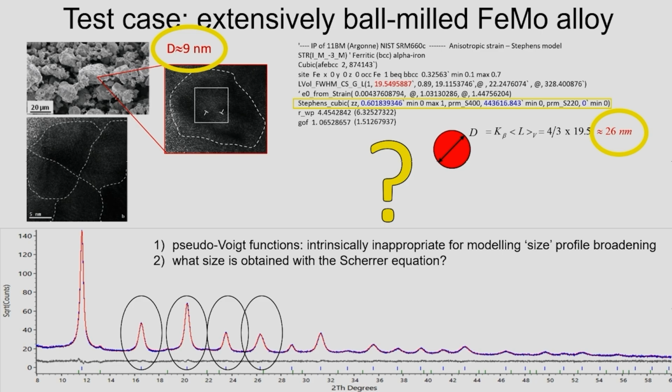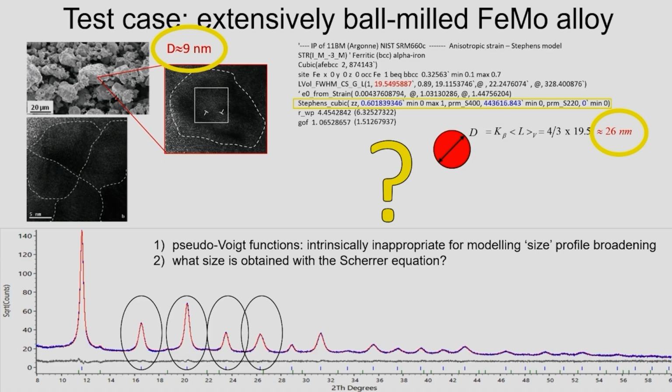It's really evident, I will show you. The next problem is what size is really obtained using the Scherrer equation. I told you this strange volume-weighted quantity, which is maybe clear up to this point if your crystals are all the same size. But what happens if the size is not the same, which is always the case in real materials, okay?